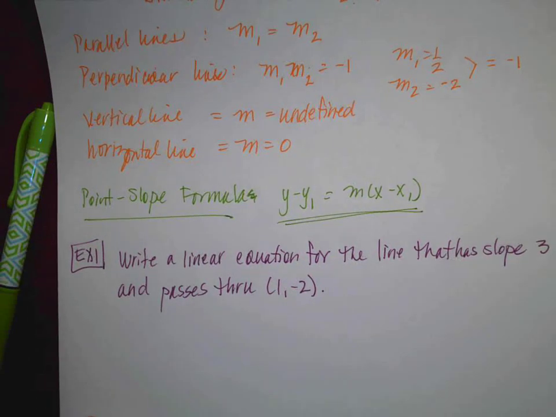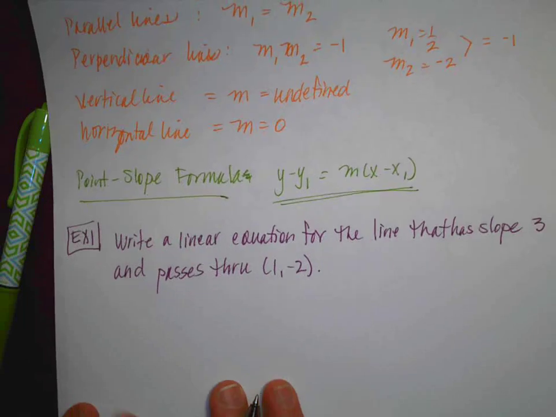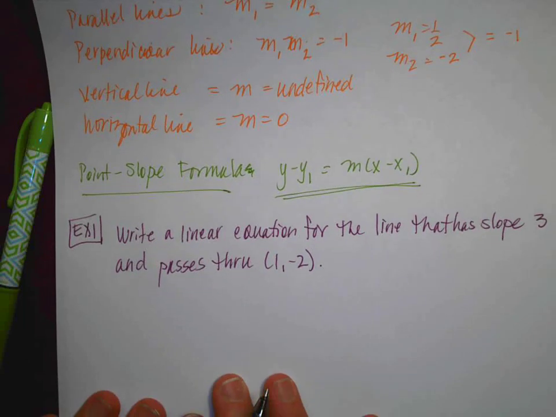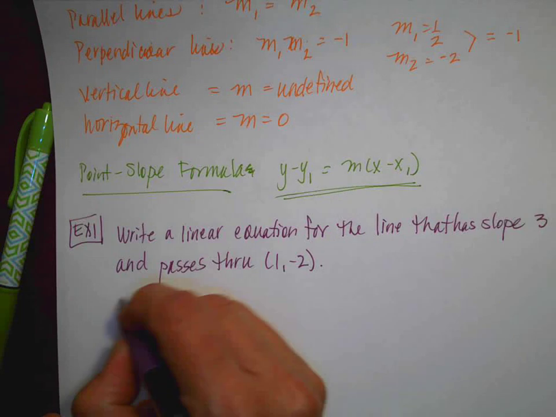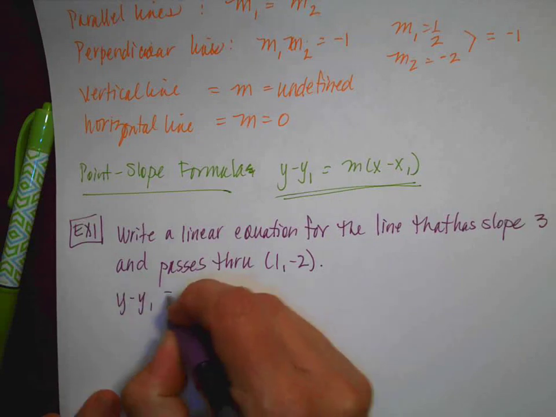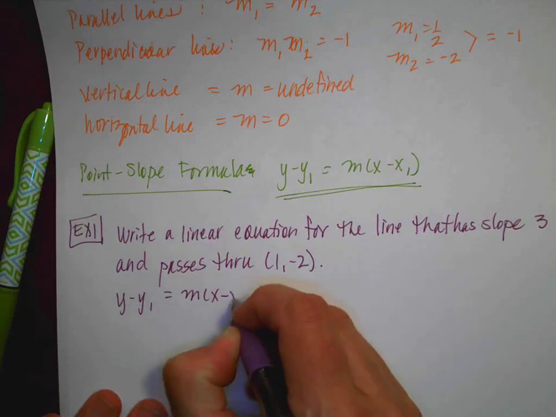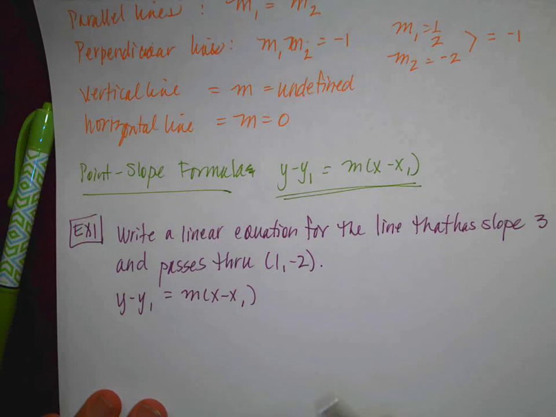The reason that point slope is so handy is that I don't have to solve for the y-intercept, which is what most of us screw up when we're doing the slope-intercept form because we make math mistakes. Point slope is significantly easier.